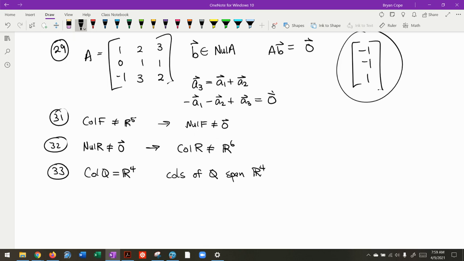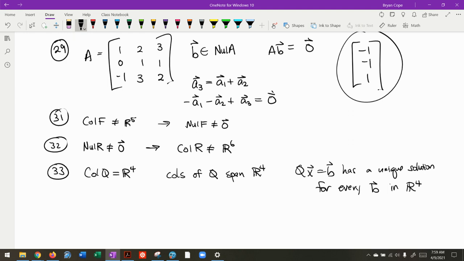That means that every vector in R4 can be reached using linear combinations of the columns of Q. So if some random vector B is in R4, there is a solution. So Qx equals B has a unique solution for every B in R4. That's what we can conclude.